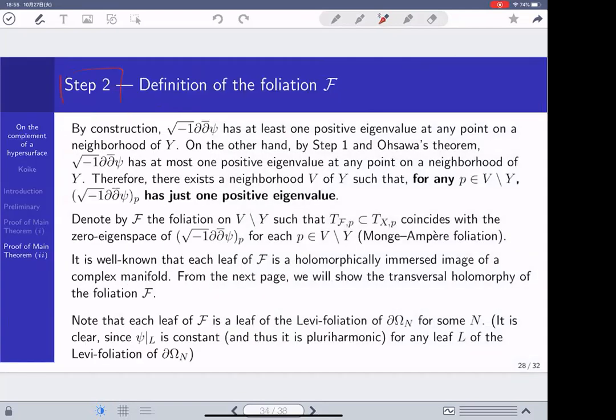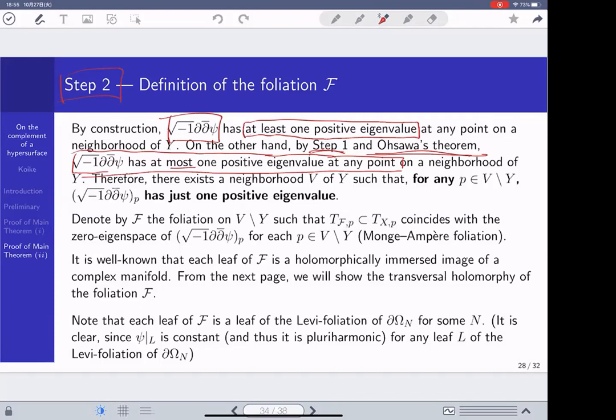Next, step 2. Here we will define the foliation F. By construction, the complex Hessian of psi has at least one positive eigenvalue at any point on the neighborhood of Y. On the other hand, by step 1, Ohsawa's theorem, the complex Hessian of the same function psi has at most one positive eigenvalue at any point, because otherwise, if there are at least two positive eigenvalues, then at that point the boundary cannot be a Levi-flat hypersurface.